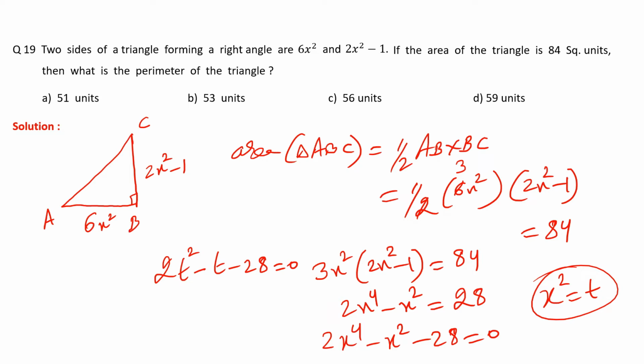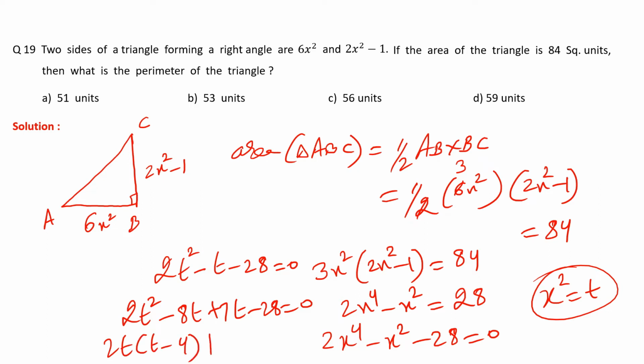And when we do the middle splitting, the product is minus 56. So it becomes 2t² minus 8t plus 7t minus 28 equal to 0. So this is 2t, inside the bracket it is (t minus 4), plus 7 into (t minus 4) equal to 0.